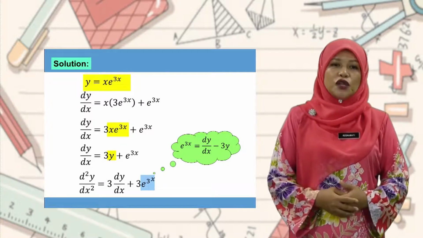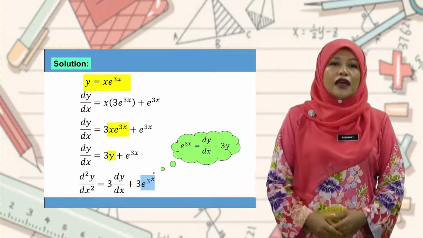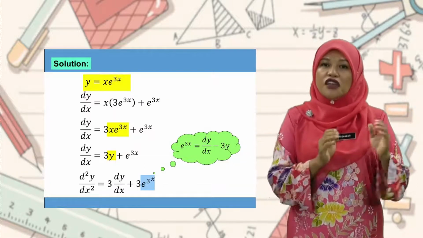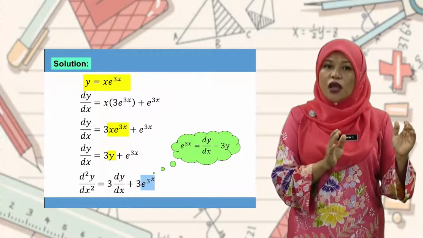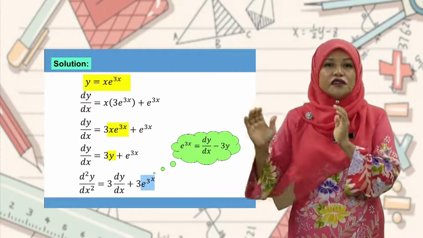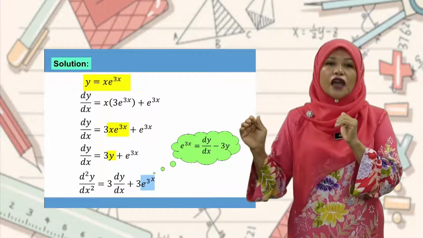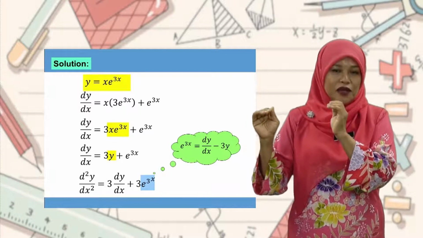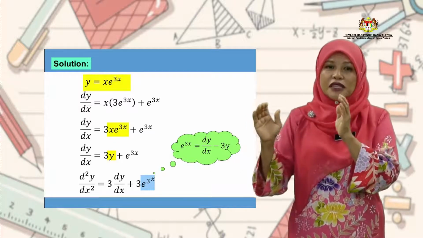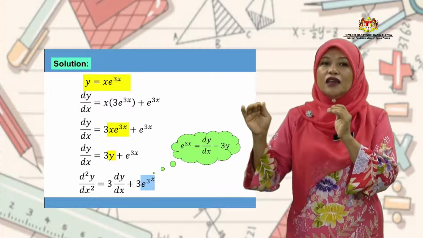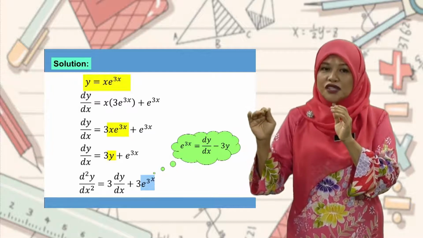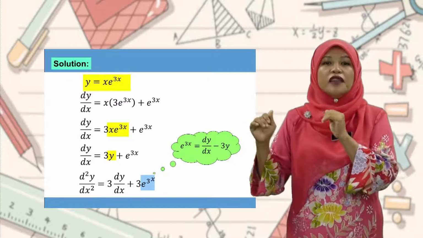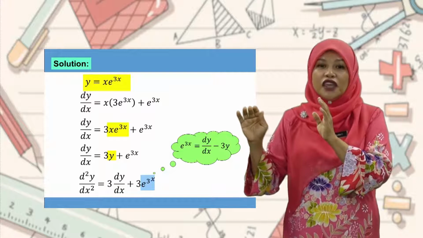On the left side, we have y equals x multiplied with e to the power of 3x on the right side. Differentiating the y on the left gives dy dx. Differentiating the right side, we have x multiplied with the differentiation of v. Remember the product rule? So x multiplied with the differentiation of e to the power of 3x, which is 3 multiplied with e to the power of 3x, and then plus v u prime.